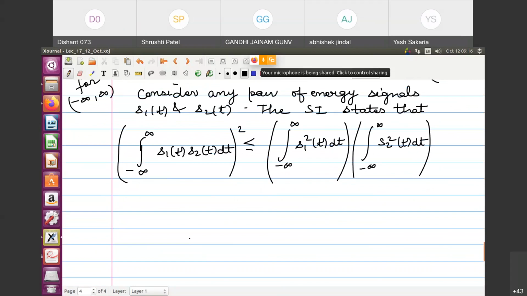This is the Schwarz inequality. Equality holds if and only if S2(t) is equal to C times S1(t), where C is any constant.